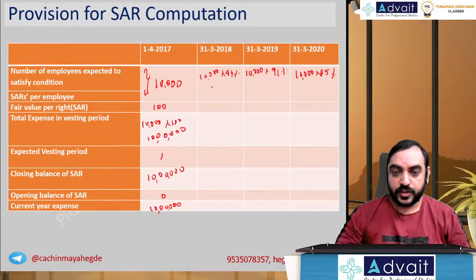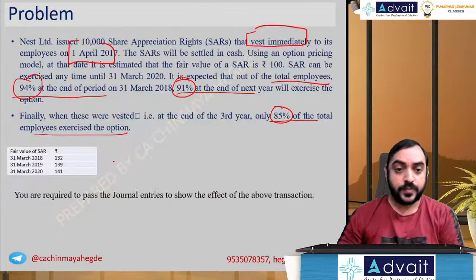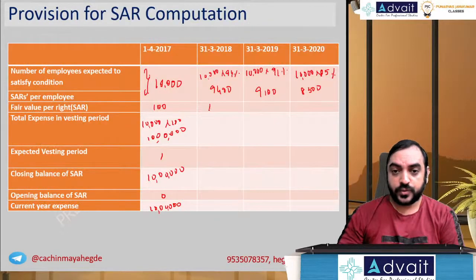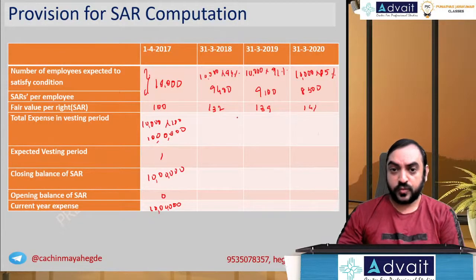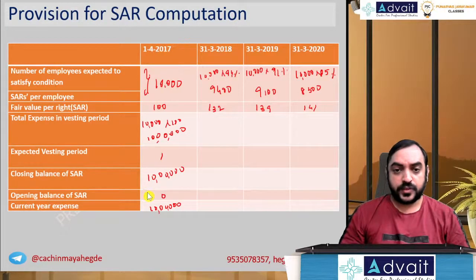So 94% means 9,400, 91% means 9,100, then 85% means 8,500. Fair value also changed: 132, 139, 141. So you multiply, and that is the total expense.